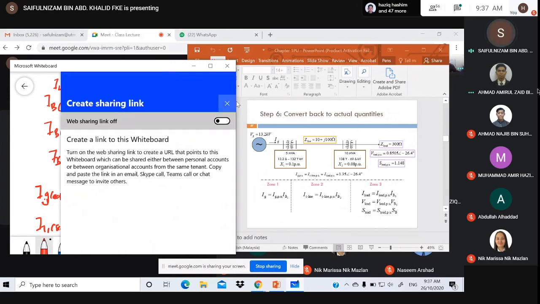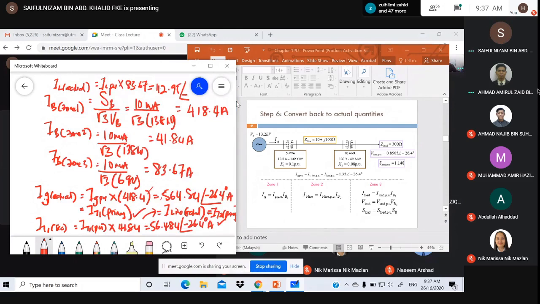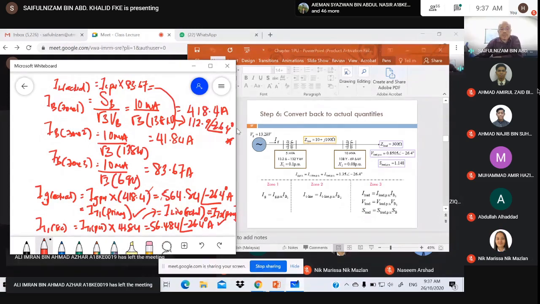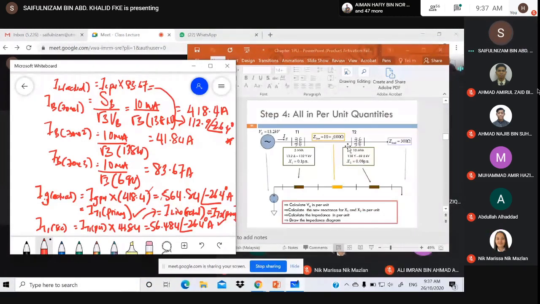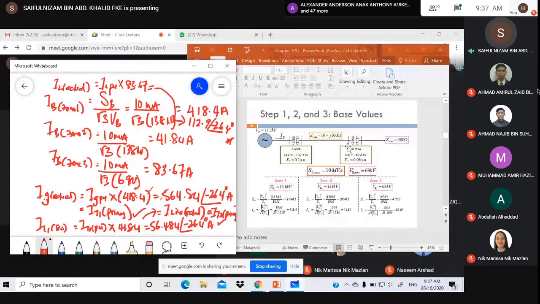So it is 112.9 angle minus 26.4. So this is the actual load current. So what else? We have already calculated all the currents in each zone.